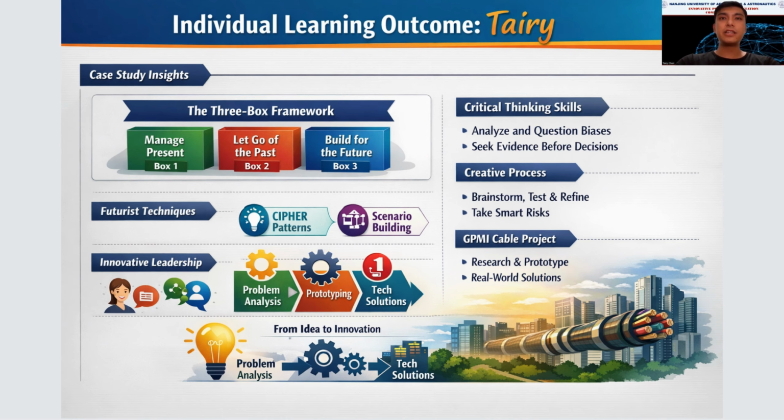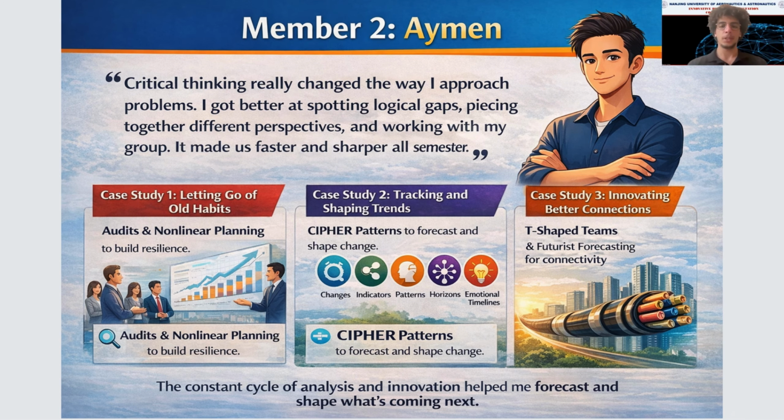Ultimately, my learning journey followed a clear path, starting with deep problem analysis, applying structured futurist and critical thinking tools, navigating a creative process, and finally arriving at tangible technological innovations. For me, the biggest takeaway was how critical thinking transformed my approach to problem solving.